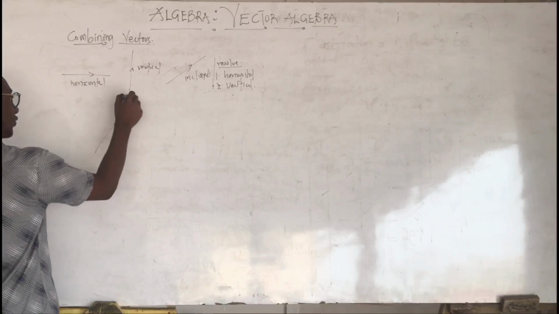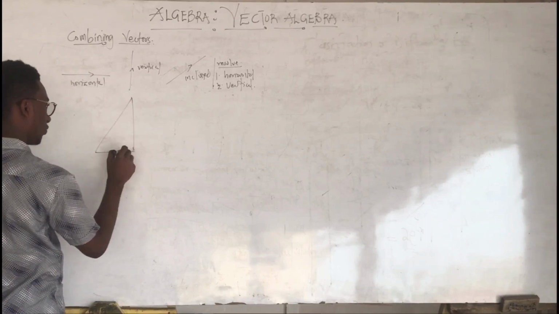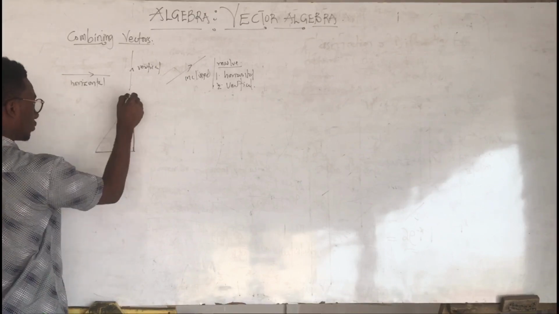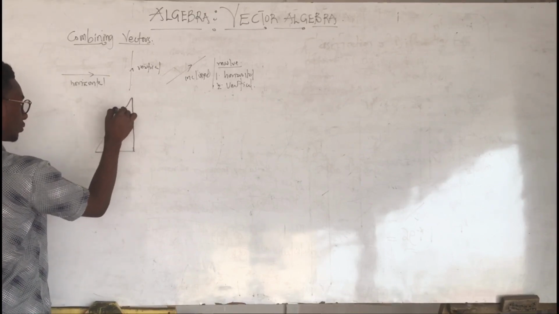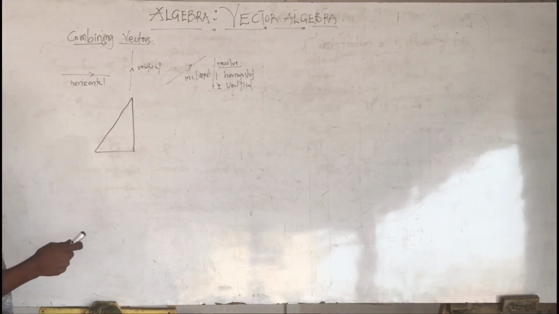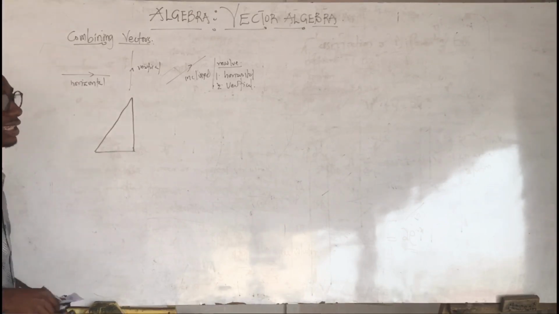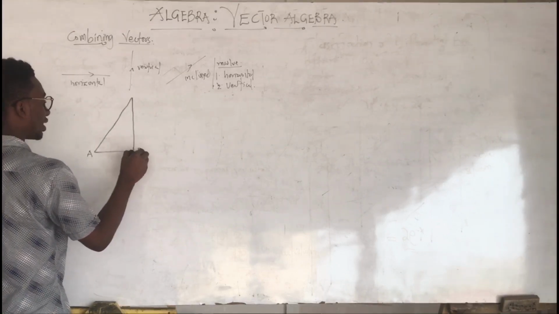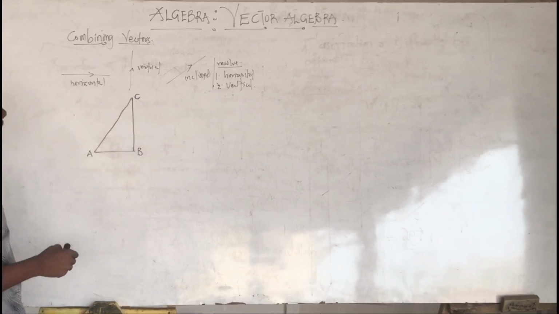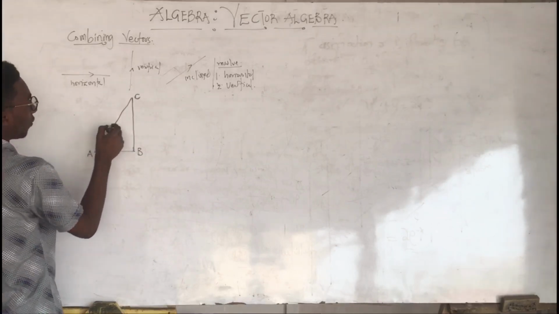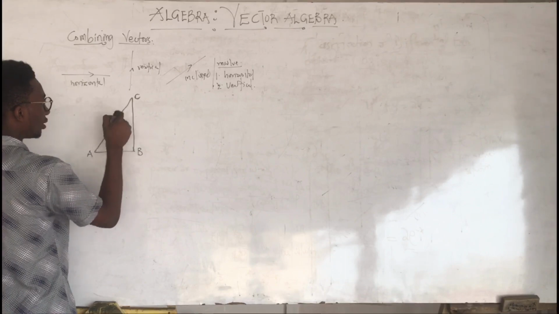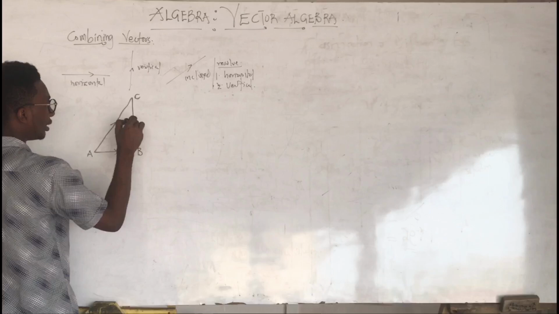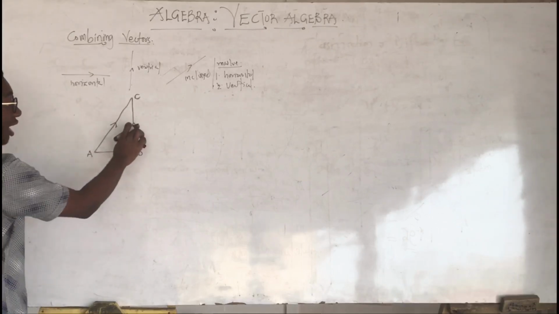Alright. So now with that said, if I have this diagram over here, and I describe this point as A, this point as B, and this point as C. Now, I want to move from A to C. So I can move from A to B, and from B to C. Okay, so you got how I place my arrows.